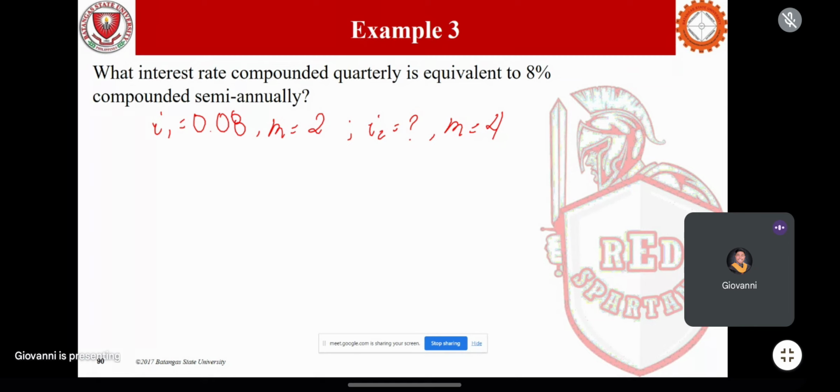Ba't naman 16%? Sir, given po yung interest 1, which is 0.08. Tapos yung m naman po niya ay 2. So, ang ginawa ko lang po, yung 0.08 over 2 po is equals to i over 4 po. Tapos pinag-times ko po yung 0.08 times 4. Tapos dinivide ko po siya sa 2 po.